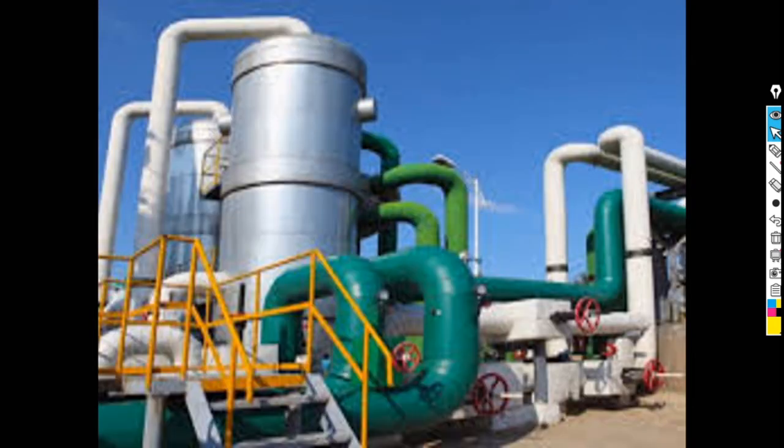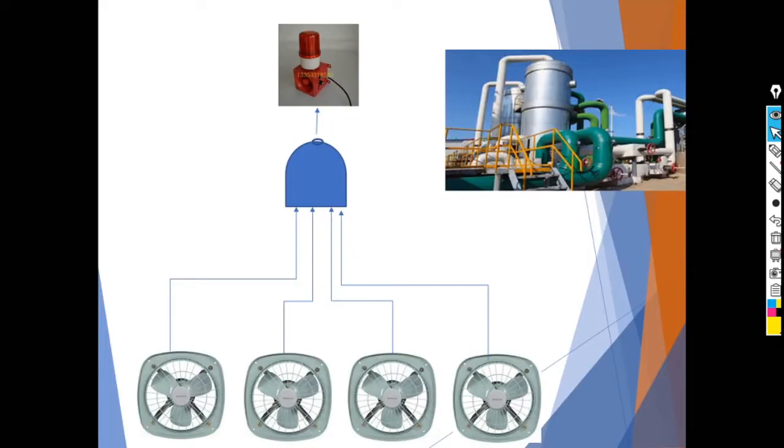For example, consider a chemical factory. Here, many exhaust fans help to blow the pollutants out. When the fans are operating, a logic 1 is obtained. That is, when the fan is operating, the output here is 1. The outputs of all the fans are connected to a NAND gate, which is followed by an alarm circuit.